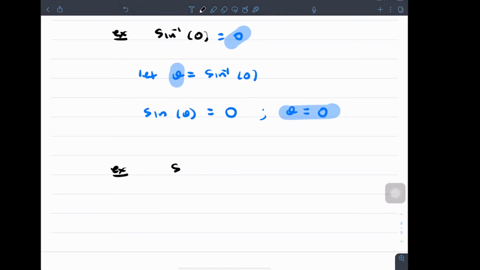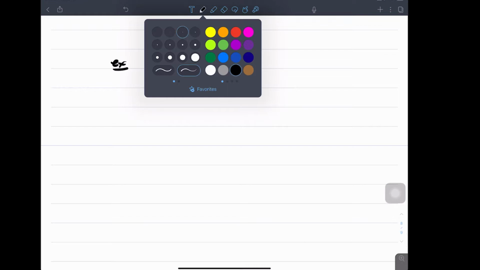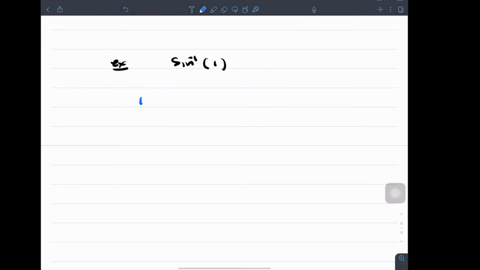Inverse sine of 1. Go through the same process. You let theta be inverse sine 1. By definition, it means sine theta equals 1. And you say, what does theta have to be?